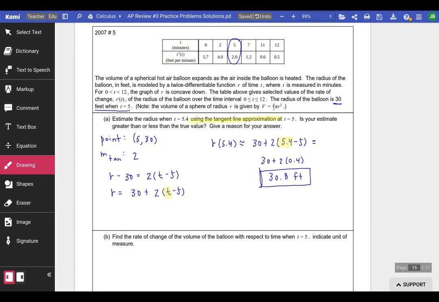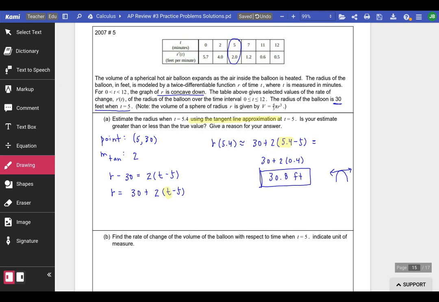Now we have to determine, is our estimate greater than or less than the true value? Here's what we need to know: the graph of r is concave down. If the graph of r is concave down, that means this tangent line is sitting above that graph, which means our estimate is greater than the true value.